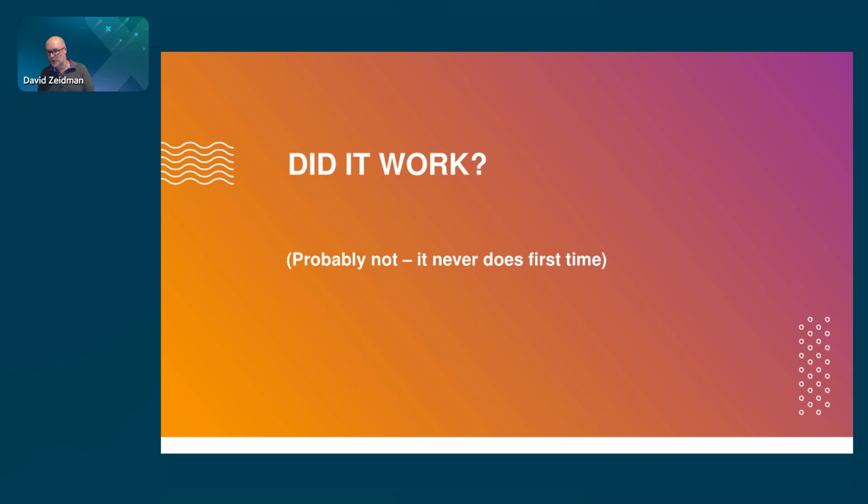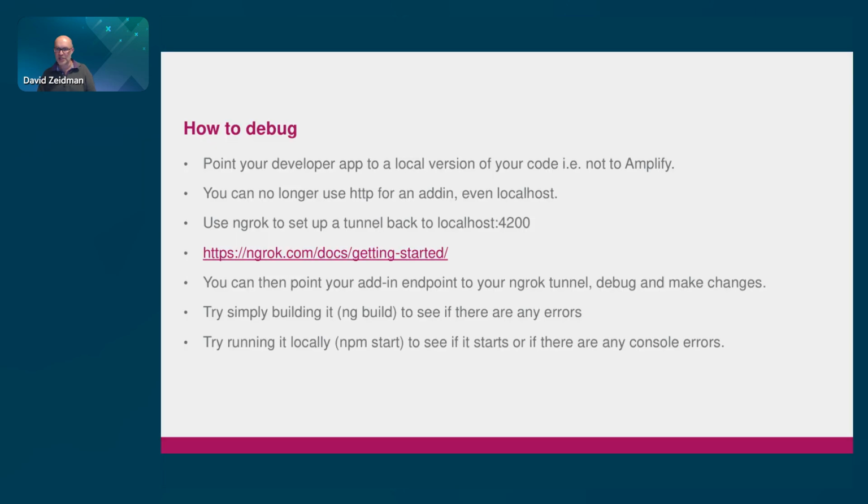I mean, let's be honest, software development is difficult, and when there's so many different steps involved, there's always issues. So what do we do about that? Well, obviously we can debug the code. And how do we go about doing that? Well, there's different mechanisms for that.